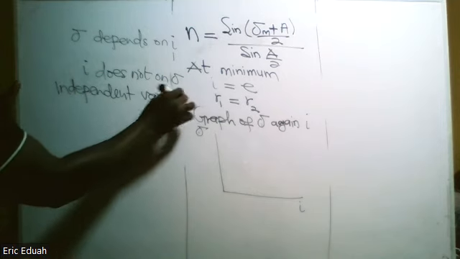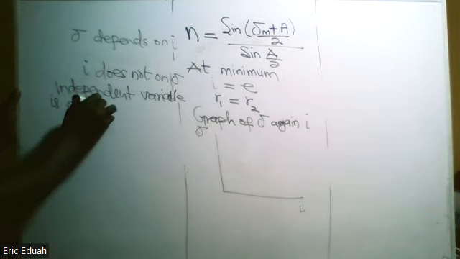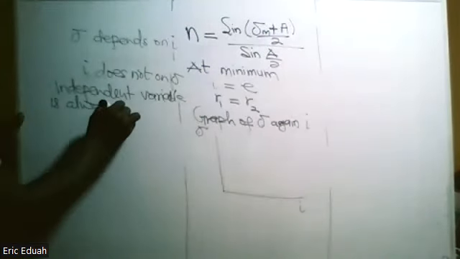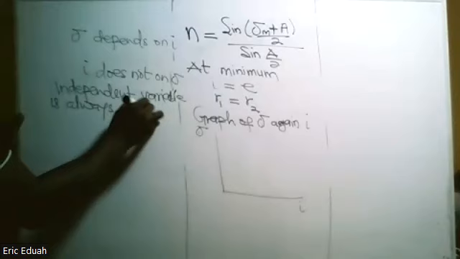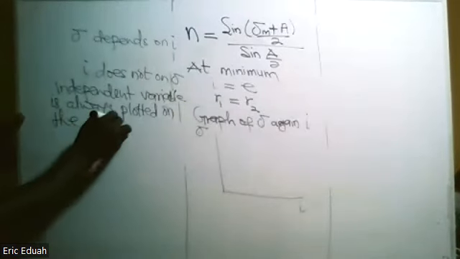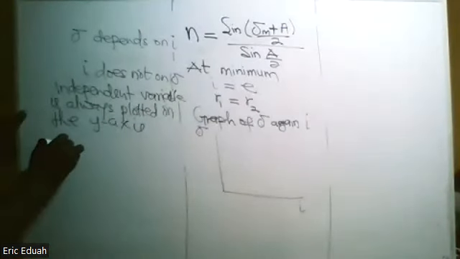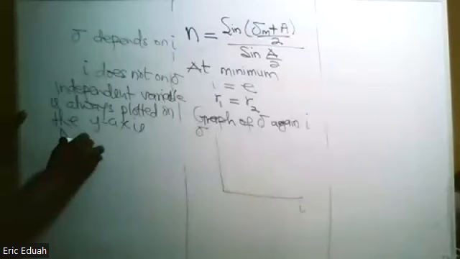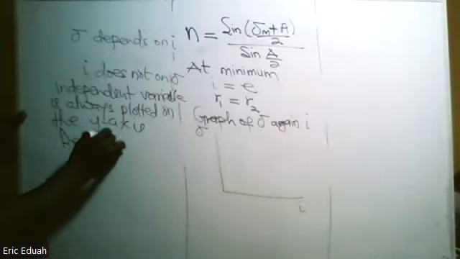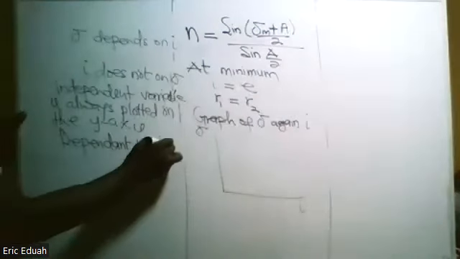So with graph work, the independent variable is always plotted on the y-axis. And the dependent variable is always on the x-axis.